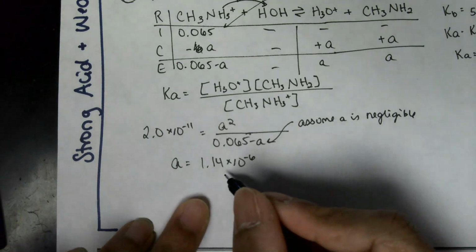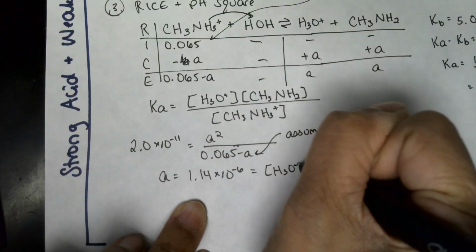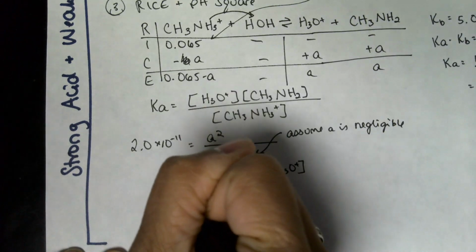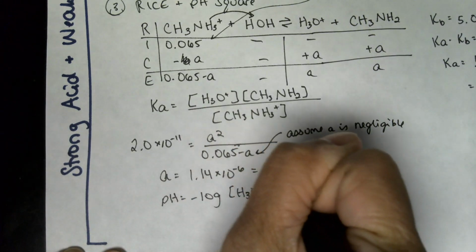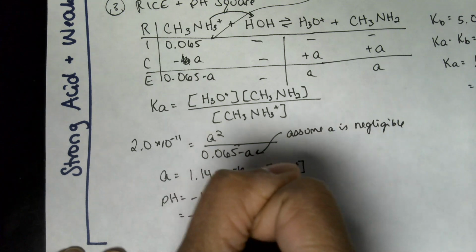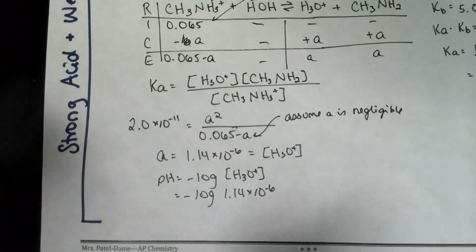All right, and that is essentially your H3O plus. Woo, so that's not too bad. To get the pH, negative log of 1.14 times 10 to the negative 6.